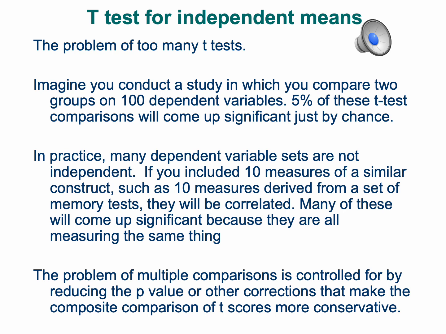The admonition is really to have a strong theoretical model before you do any study. That will tend to reduce the number of t-tests you do because it will tend to reduce the number of dependent measures in the study. And once you do that, you're well on your way to figuring out just which t-tests you should examine to test your theory, and not just go on a fishing expedition, find differences, and then try to make sense of them later.